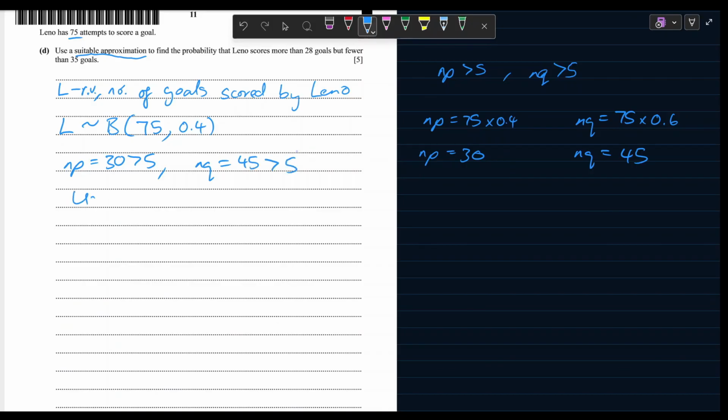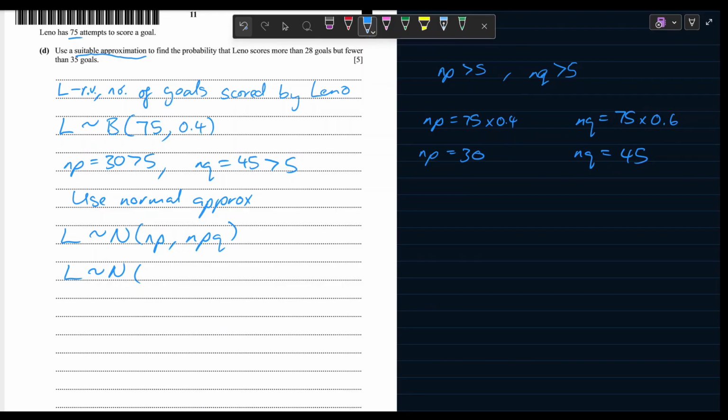So we can use a normal approximation to the binomial distribution. And X, or in this case, we're using L. So L follows an approximate normal distribution with the mean being np and the variance being npq. So this means L follows a normal distribution.